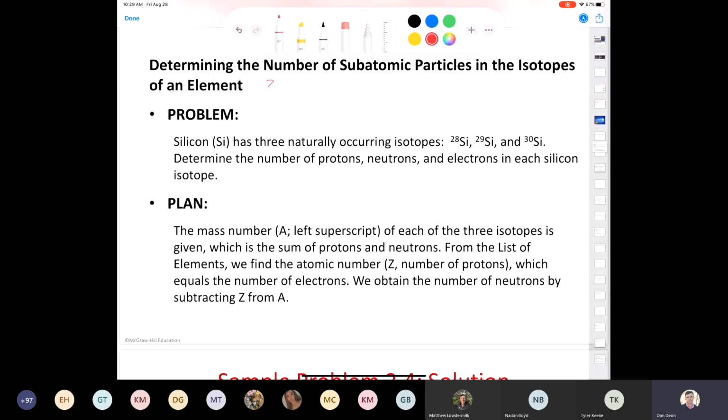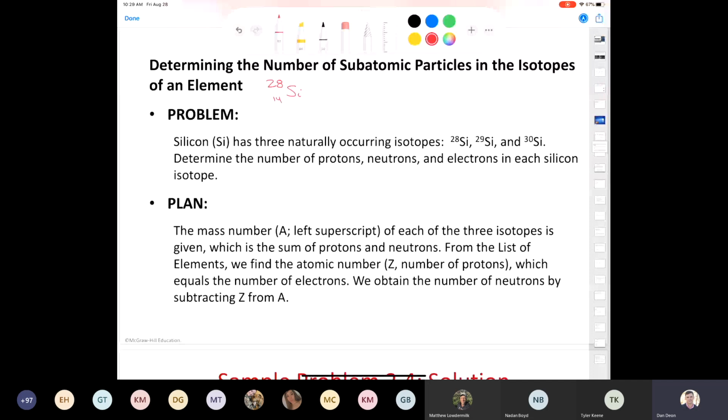But if I have silicon-28, so let's write that down here. Could anybody tell me what the atomic number of silicon is? 14. Yeah, absolutely. It's 14. So silicon is element number 14 in the periodic table. Silicon-28, and silicon always has 14 protons.